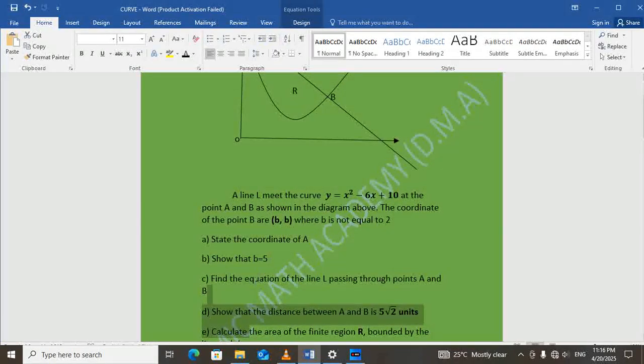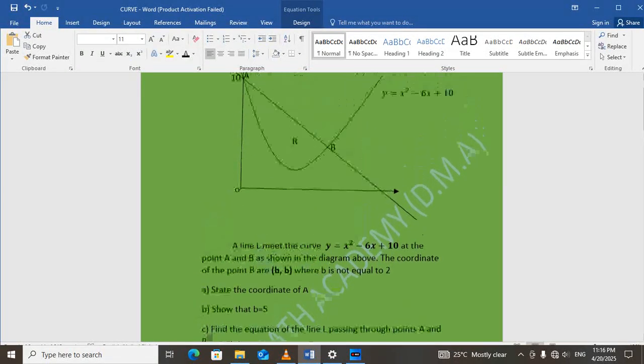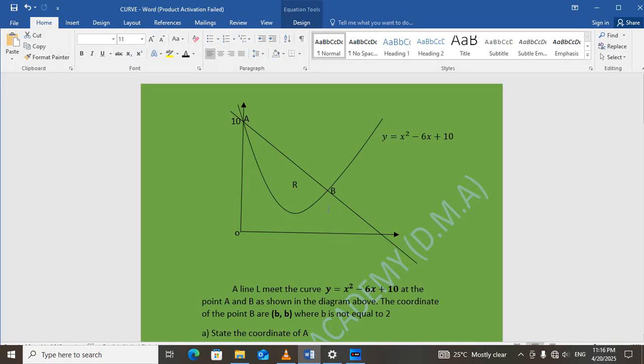Then they say we should show that b is equal to 5. Remember the coordinate of B is (b, b), so I have to show that the coordinate of B is (5, 5).